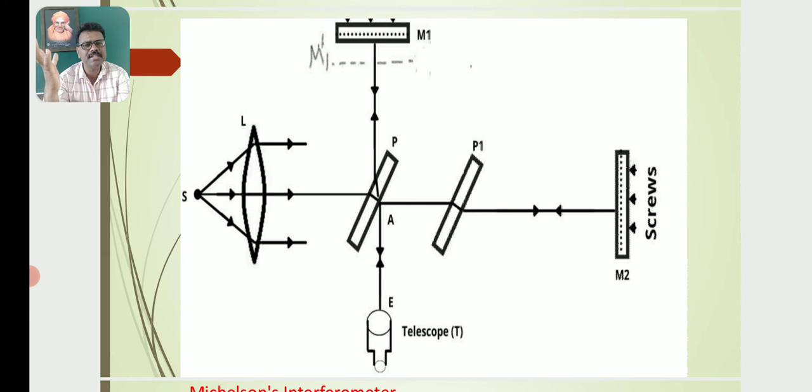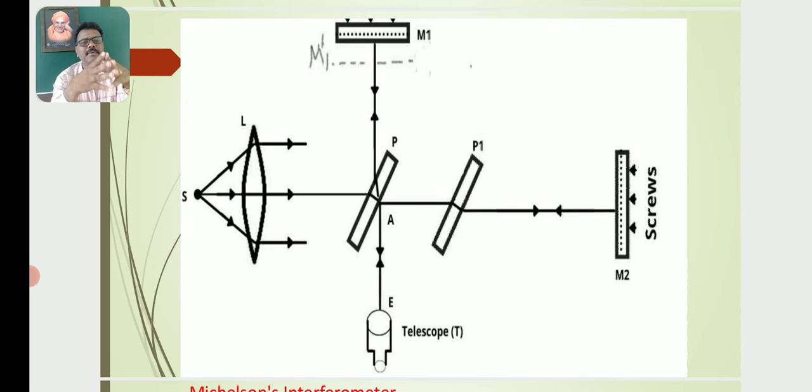Both the rays, reflected from the mirror M1 and mirror M2, again travel towards the plate P, then interfere, such that alternating bright and dark fringes are formed. The interference pattern can be viewed with the help of a telescope.